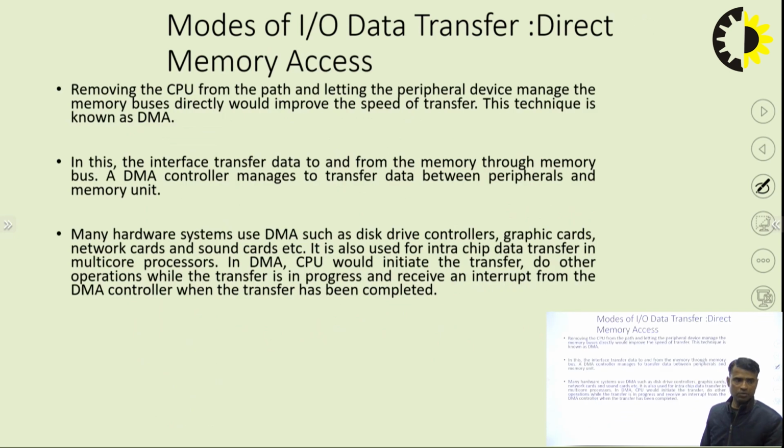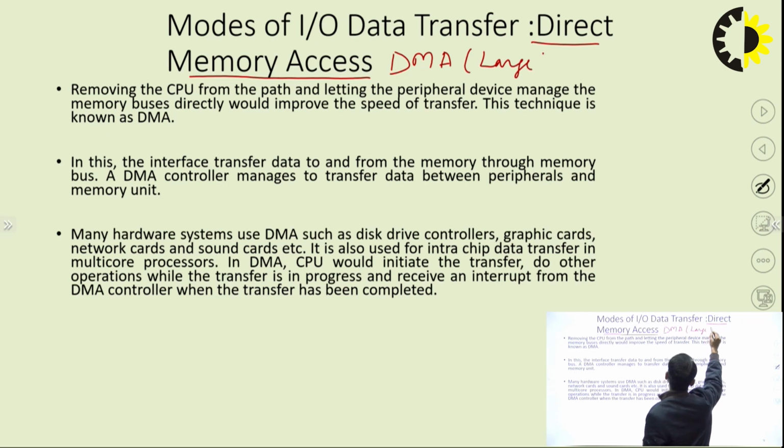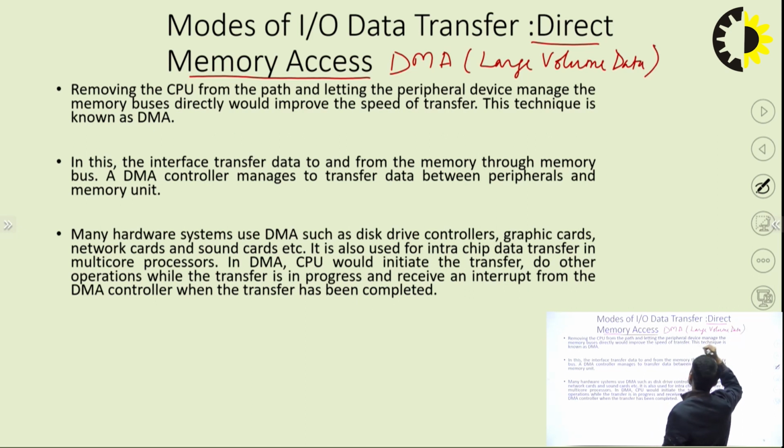To overcome this problem in interrupt driven IO for large data transfers, there is another technique called direct memory access, that is DMA, which is a very good technique for transferring a large volume of data from the IO into the CPU buses.